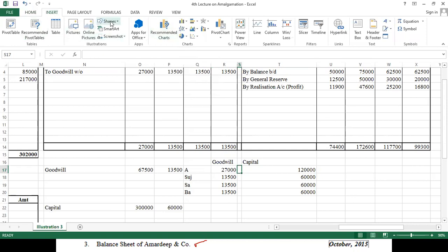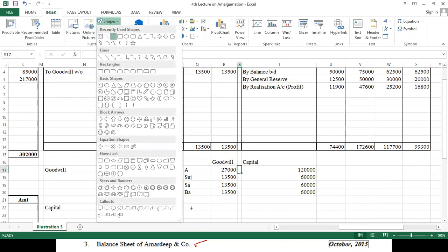Let me make an arrow so that you can understand this concept. Look at here.